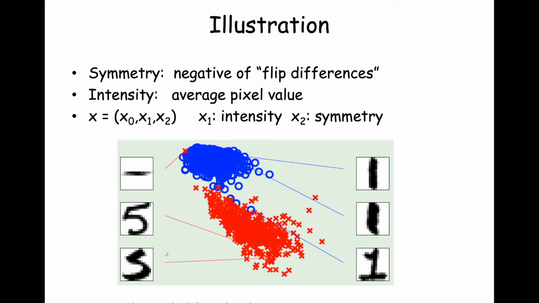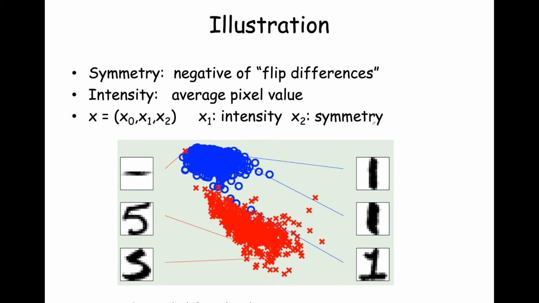Well, for symmetry, we can take our image and flip it about the center axis, the vertical axis, and then take the difference between the representation of the original version and the representation of the flipped version.